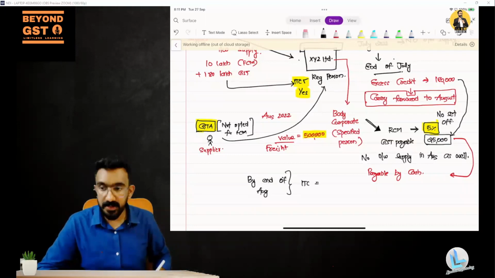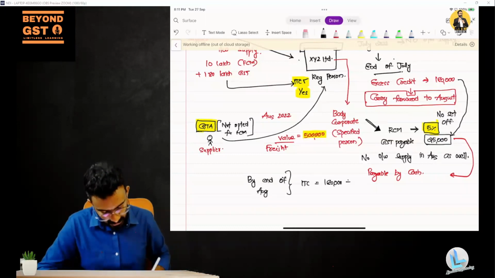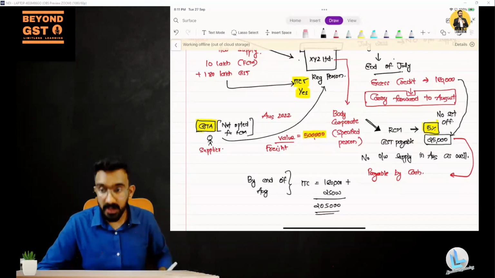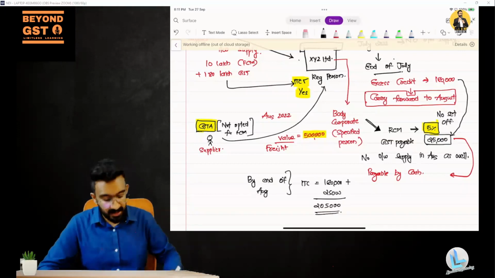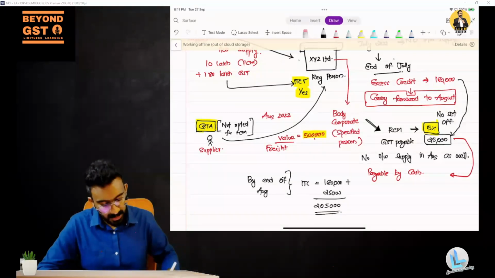How much will be their credit? It will be 1,80,000 plus 25,000, 2,05,000. Why? Because the tax paid under RCM, can that also be allowed as ITC?